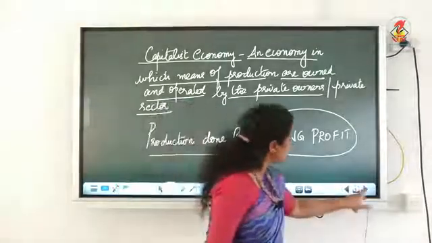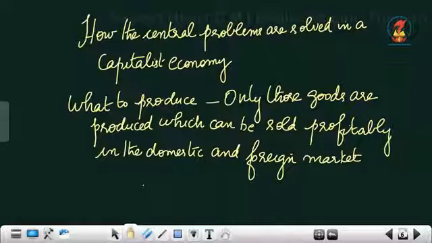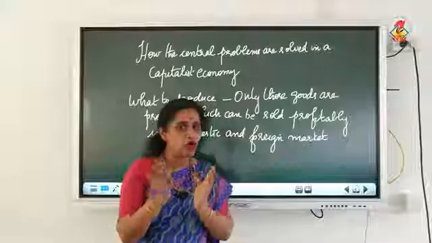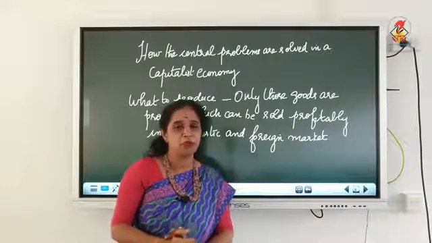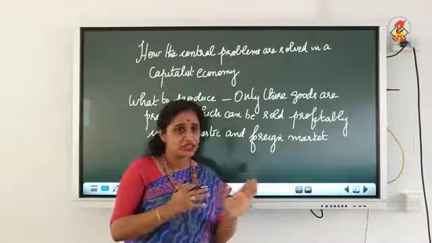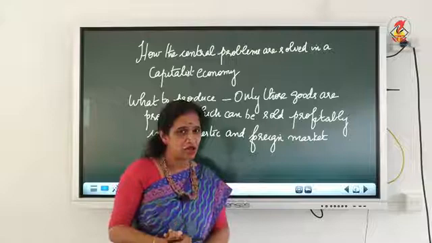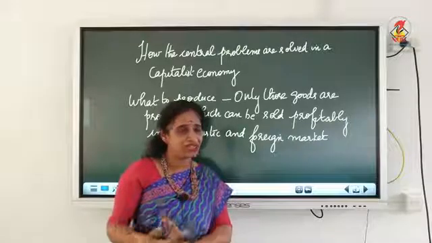Now, let us examine how the central problems of an economy are solved in this capitalist economy. The main aim of the government is to evolve a proper economic system where the central problems can be solved. And we have started discussing three types of economy: capitalist, socialist and mixed economy.